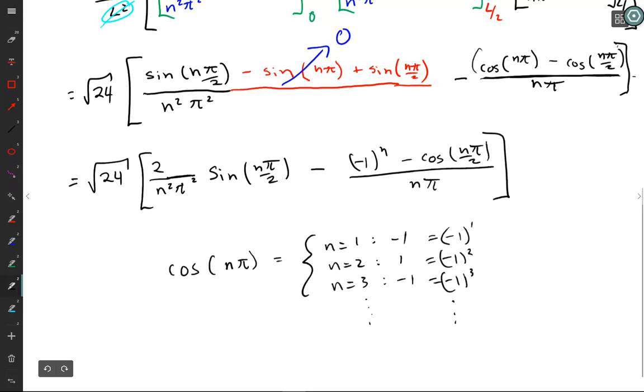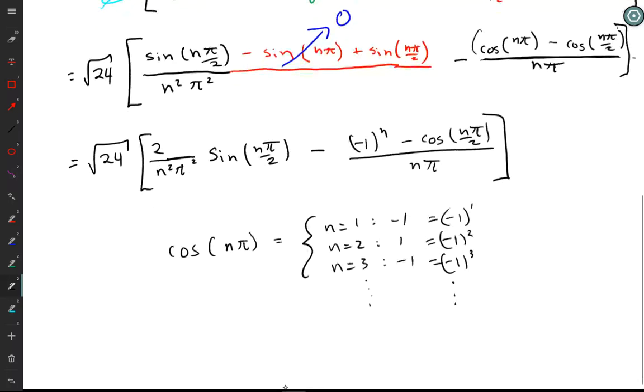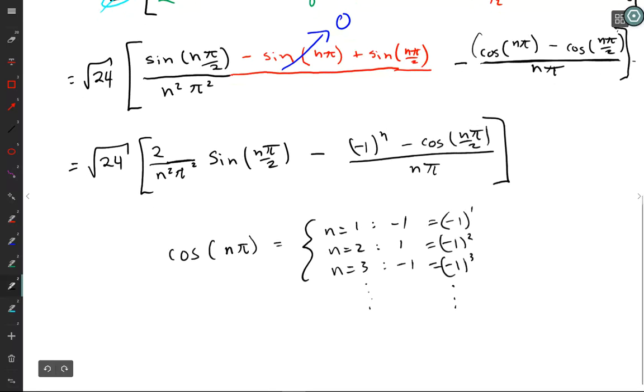So that was a way of writing it simpler because it looks simpler than having the cosine stuff out there, and people will see it quicker. Now the sine n pi over 2, we have to worry about if n is even or odd, and we go through different iterations.